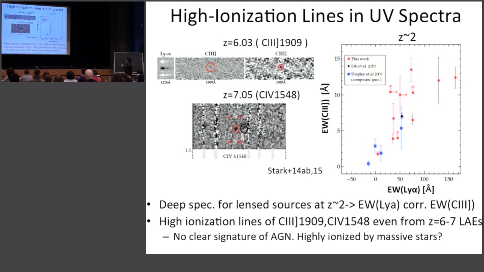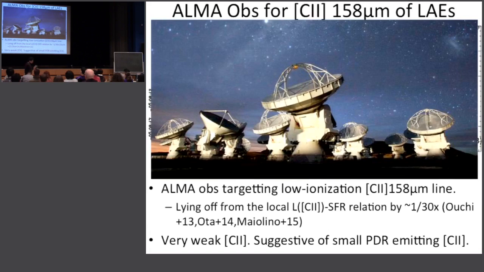Of course, there is no clear signature of AGN in this system, but still, they should look at the possibility of AGN. But the bottom line is that high-z Lyman-alpha emitters are showing very high ionization lines, even for the carbon, not only the oxygen.